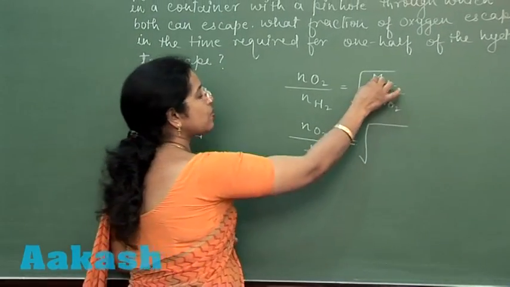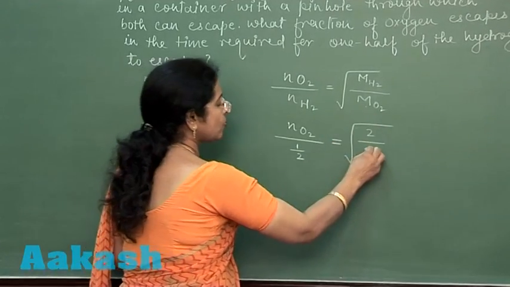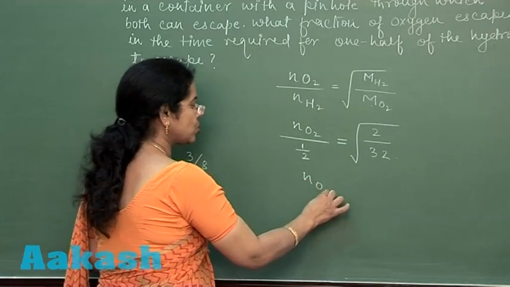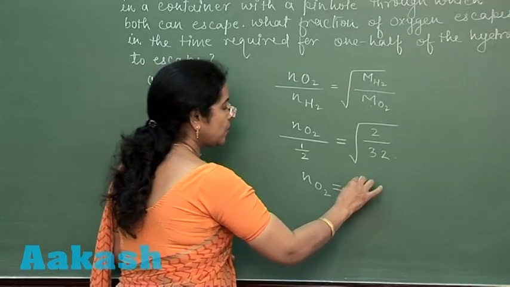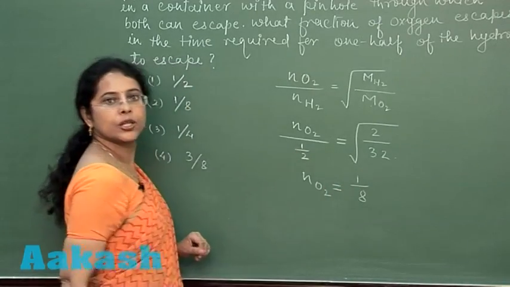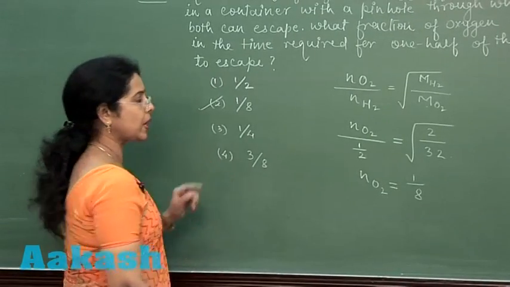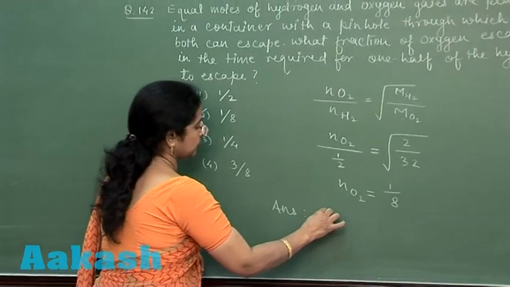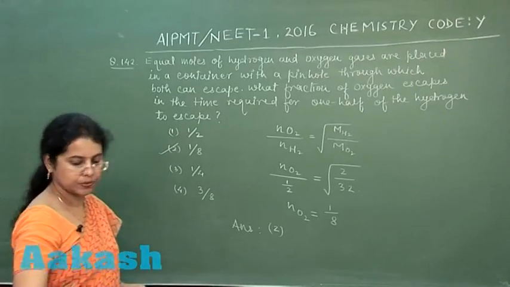Root of molecular mass of hydrogen, this is 2, molecular mass of oxygen, this is 32, and the number of moles of oxygen is coming out 1/8. So the answer is the second option, 1/8. Second option is the correct one.